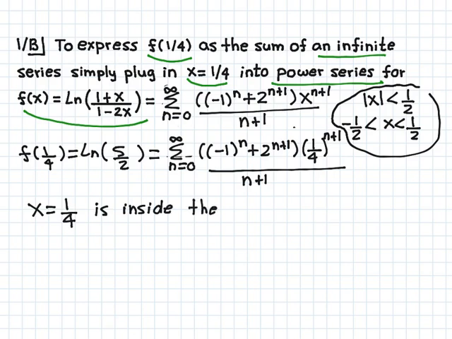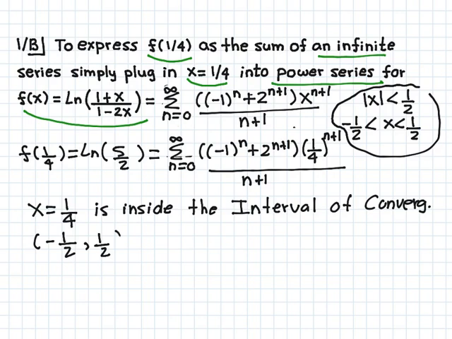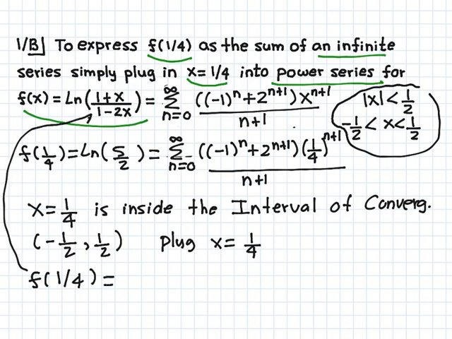And the interval of convergence is negative 1/2 comma 1/2. x equals 1/4 is inside the interval, so that means we can simply plug in x equals 1/4 and get the sum of the power series. So f of 1/4, plugging x equals 1/4 in for x, is equal to log of 5 over 2.